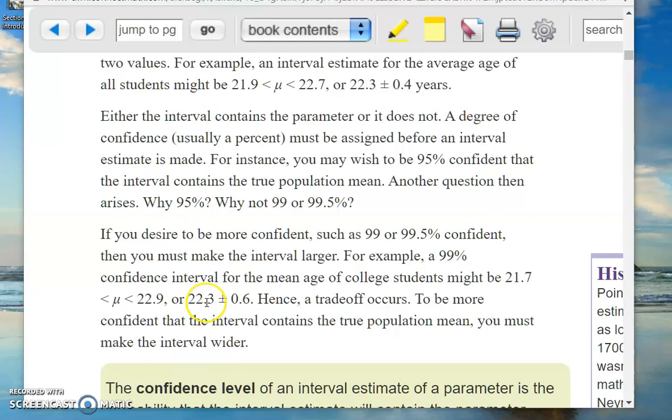So that is the point estimate. So it's the point estimate plus or minus what is commonly referred to as the margin of error. So if your confidence level is higher, if you're 99% confident, this margin of error is going to get bigger, because what you're trying to do is say, hey, I'm going to make the interval larger so that I am more certain that the true value, the true mu, is inside of that interval.